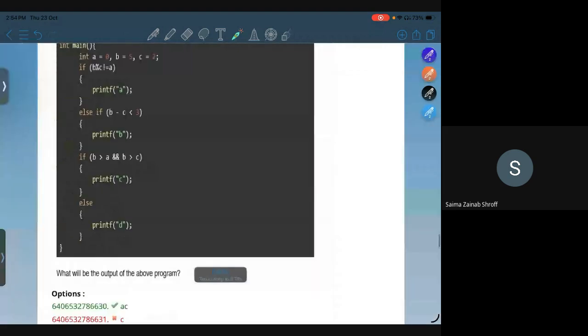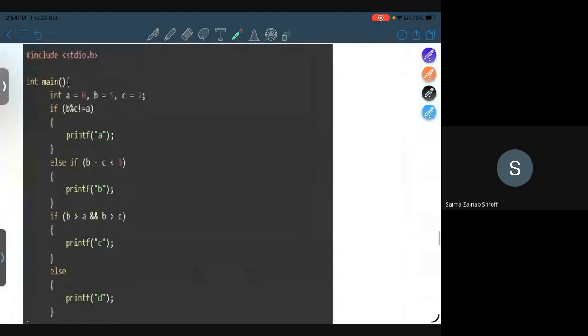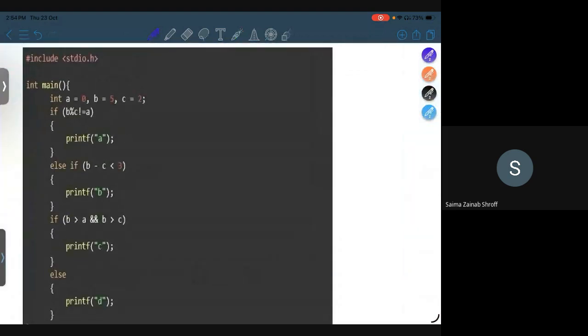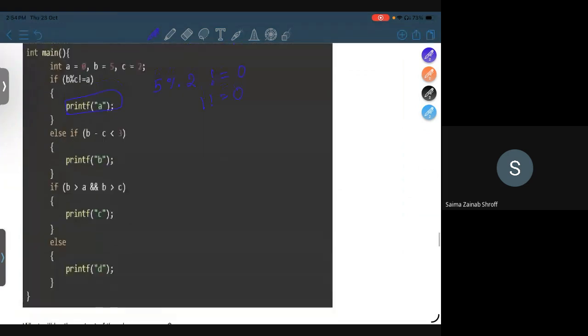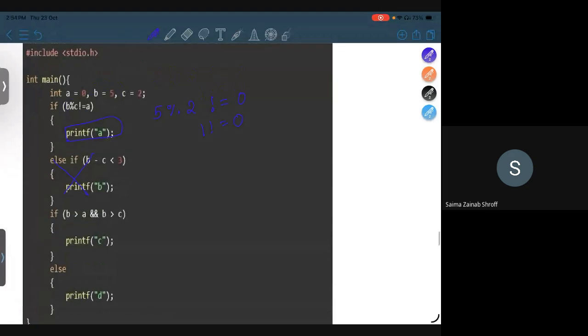Let's move to the other one with the output of this program. So in this case, B is 5%2, which is 1, not equal to A, which is 0. So this is 1, which is not equal to 0. So this A will get printed. And this is else if, so we will not consider it at all.